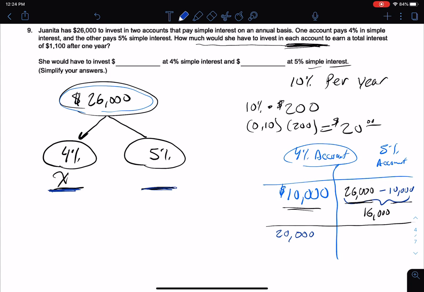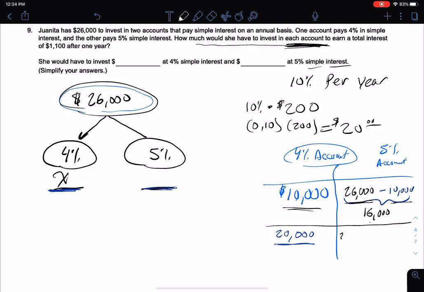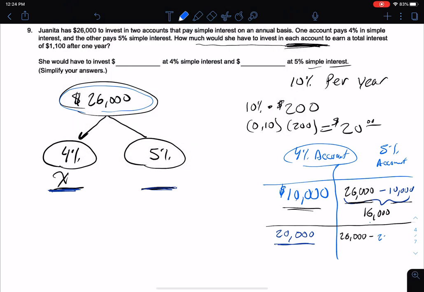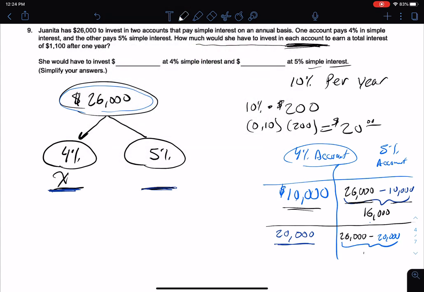There's a relationship, and we have to show that. So what if $20,000 was in the 4% account? Well, then the other 5% account, we know how much is in there because it's going to be the 26,000 starting amount minus that 20,000 that we happen to put in the first account. So that means the 5% account would have to have 6,000 in it.